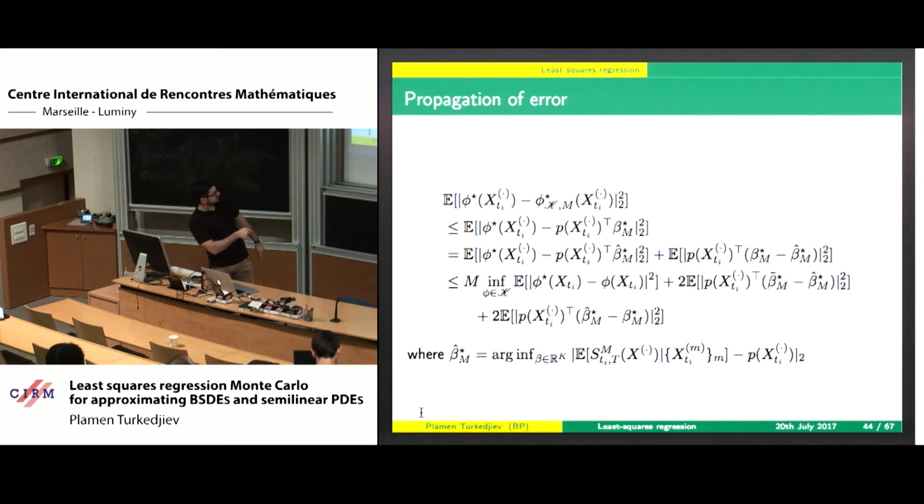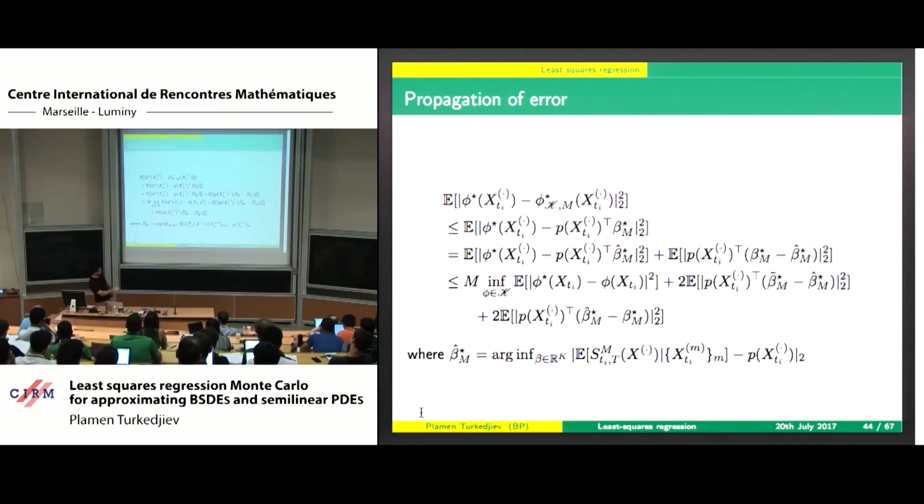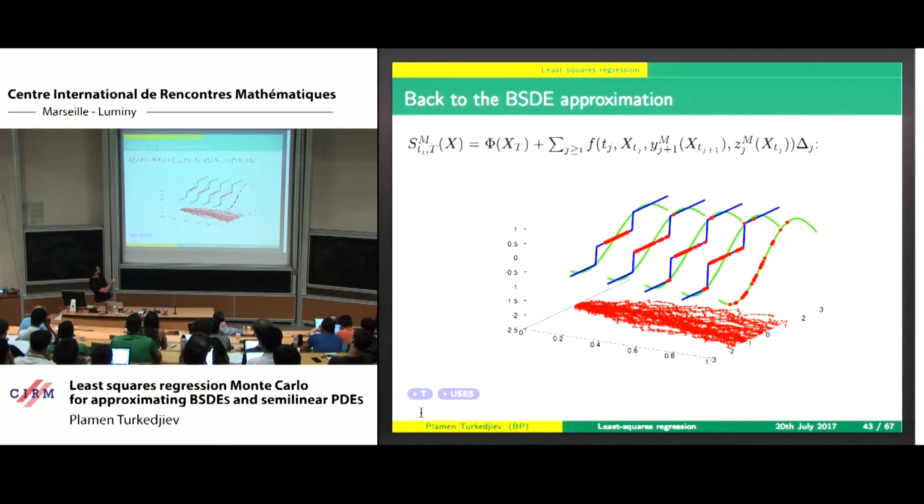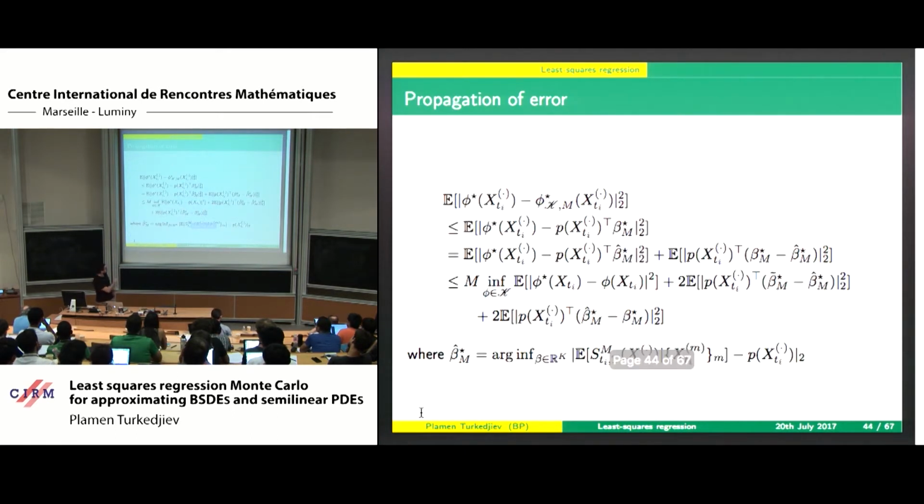And this here now is the minimizer in the empirical L2 norm of the conditional expectation of our S_m. So S_m was this functional here. Okay? So we take the conditional expectation of this functional along with all of the approximated y and z terms, and it leads to two new terms to work out.